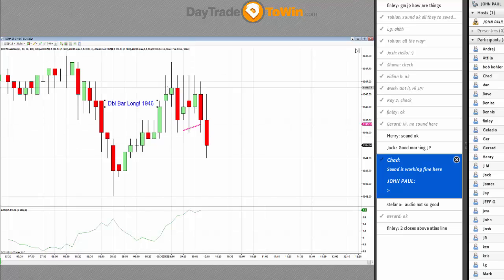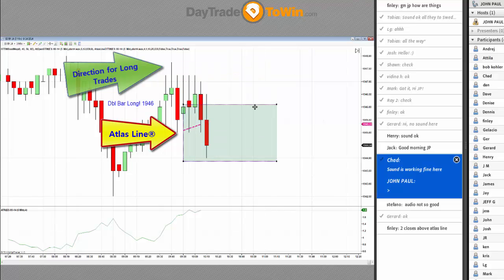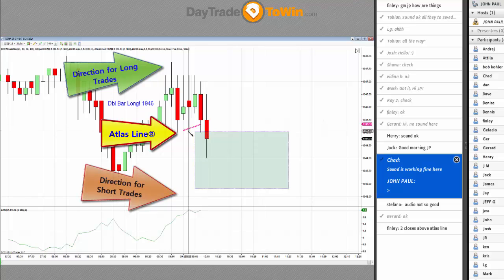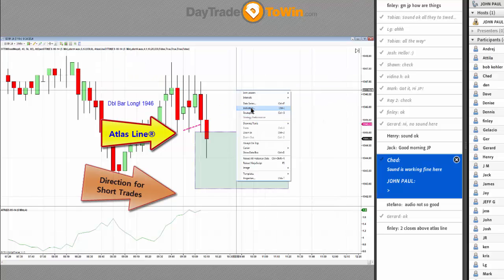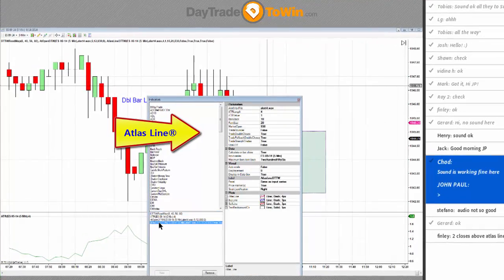The direction is if price is trading here above the Atlas line, it tells me that I want to focus on taking long trades. If price is coming below the Atlas line, so the Atlas line is this pink line over here, and I have it as a dash, but you can have it any color you want. It's right here, Atlas line right there.